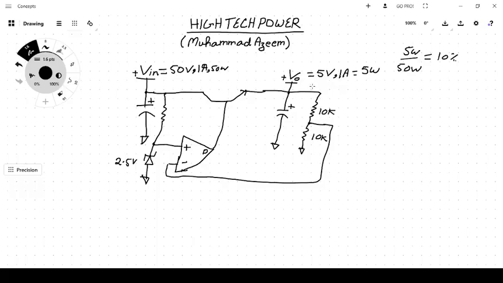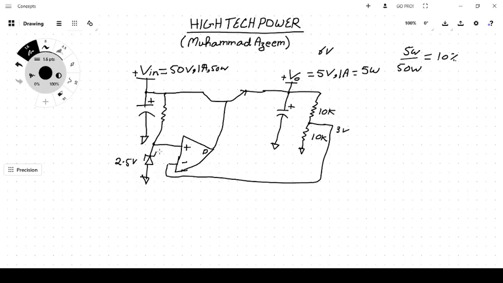Now suppose that the output voltage has increased to 6 volt instead of 5 volt. Then due to the voltage divider, the middle point would be at 3 volt, and that 3 volt would go to the negative input terminal.